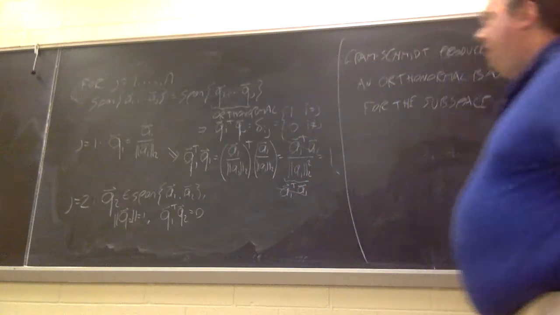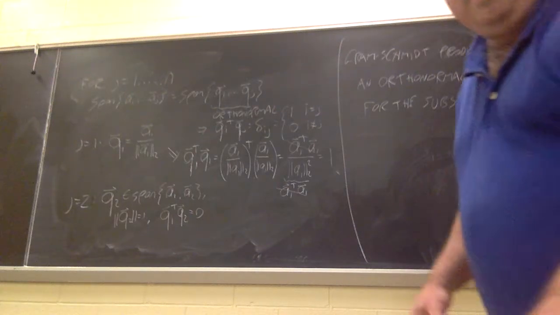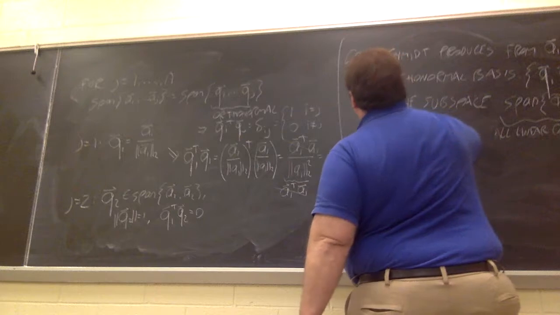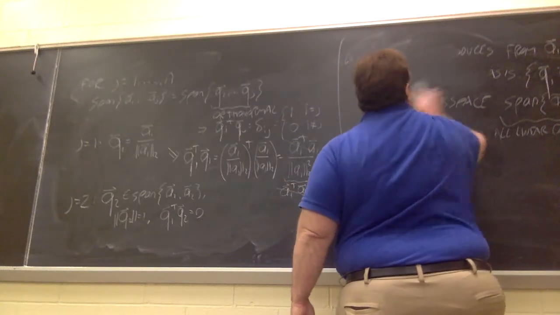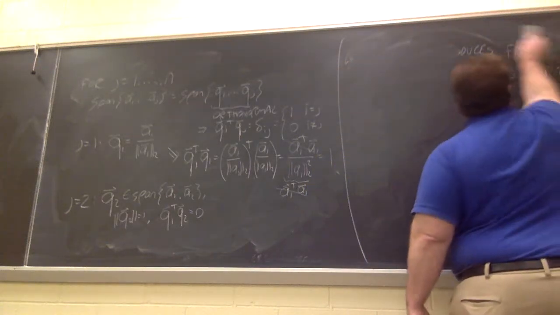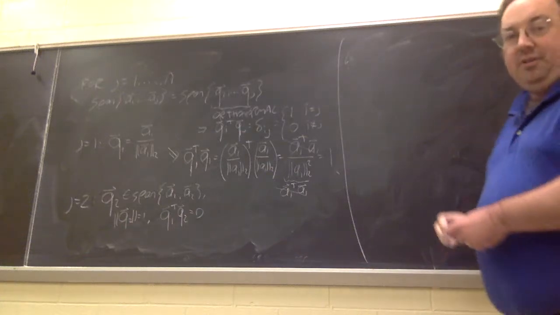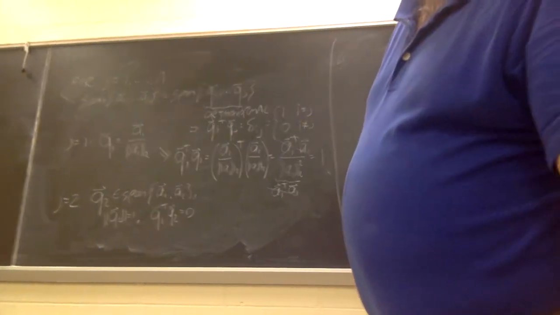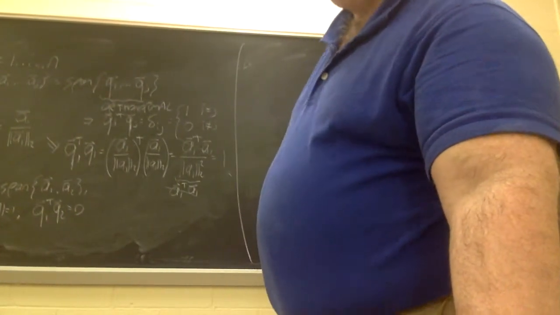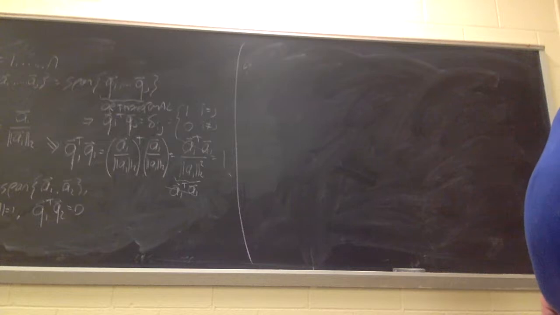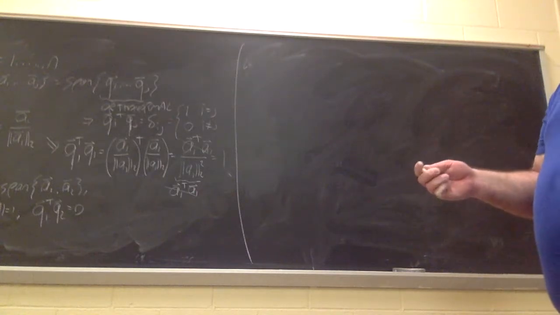Now, I'm going to use a definition of span here to give myself a form for q2. So I need some concrete expression for q2 to work with. I can actually get that concrete expression from the QR factorization itself.